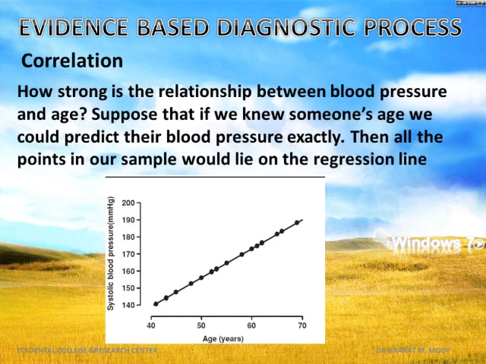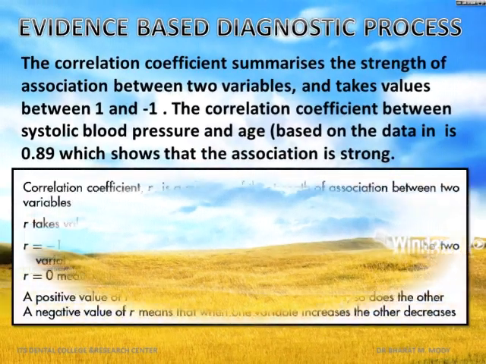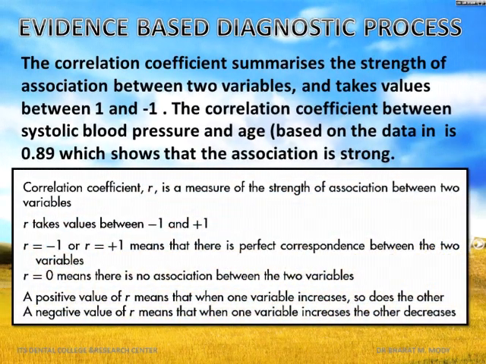Correlation is generally found out by doing this regression analysis, whether the blood pressure is really associated with age. If you get this kind of perfect line, that means there is a positive correlation, because as the age increases, the blood pressure will increase.